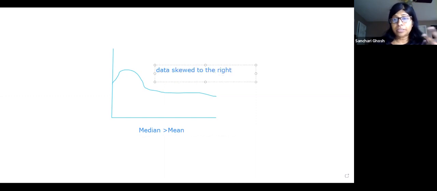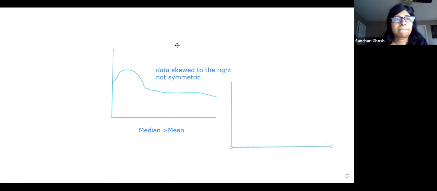What is more important than skewness is symmetry. Another way of looking at the opposite picture, this is how you can also draw that if you want. So that's simple.